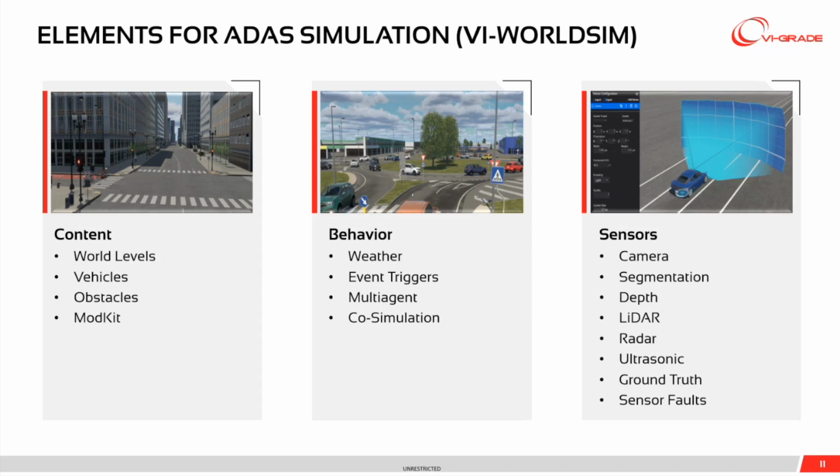On top of content, you need behavior, whether it's weather conditions, triggering events, having traffic simulate as if it was real world traffic, and the ability to co-simulate with other tools if there's things that are missing within the tool set that you want to simulate in a more advanced manner. Be able to do time step locked co-simulation with other tools or hardware.